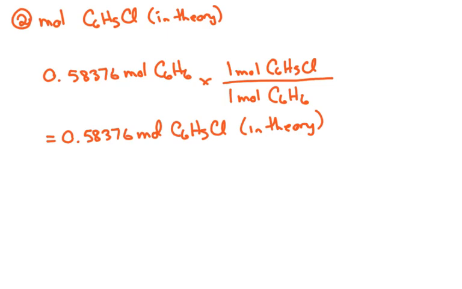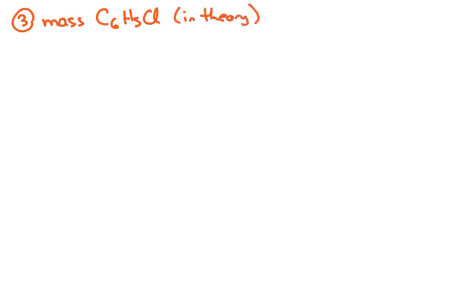Now that we know how many moles of chlorobenzene we should have created, we can determine the mass of chlorobenzene that we should have created. To do that, we need the molar mass.